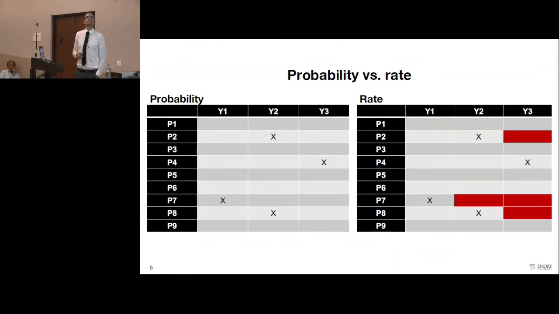If you added a 4th year, maybe you would get a whole different situation. But you don't have the data. So to get the estimate of the rate, we just follow people until either the event or end of follow-up. So in case of death, yeah.